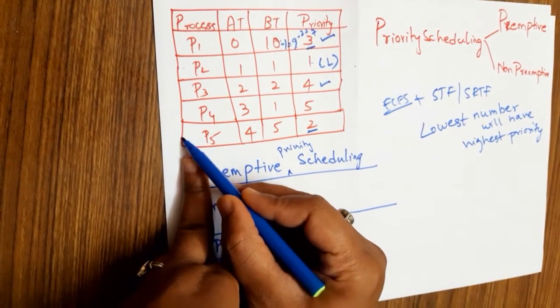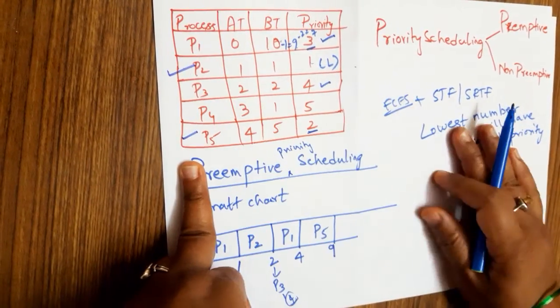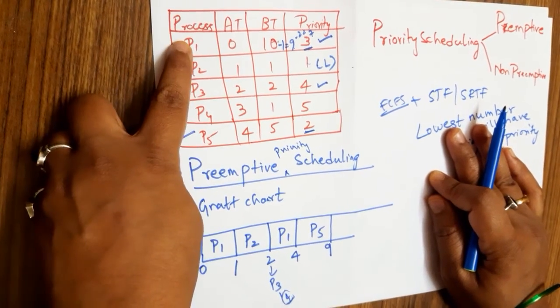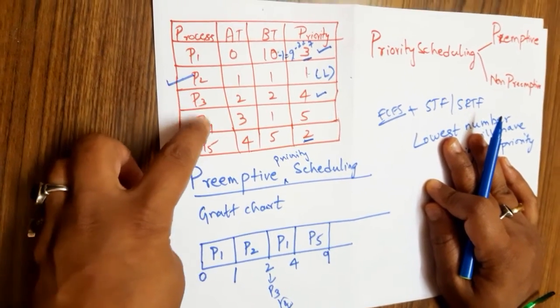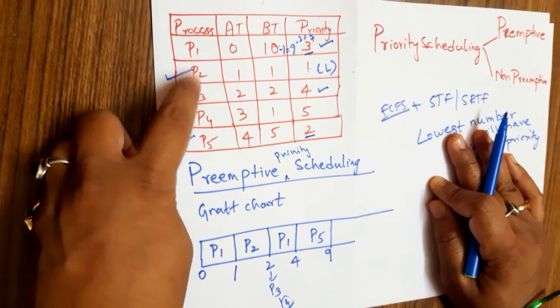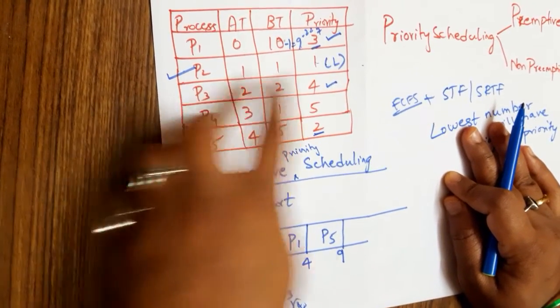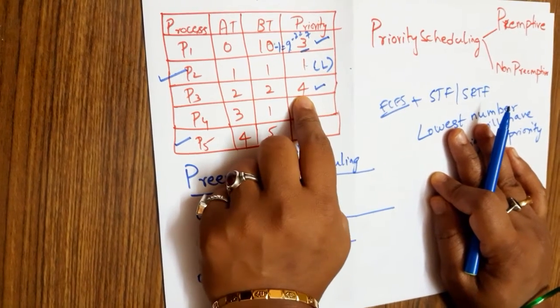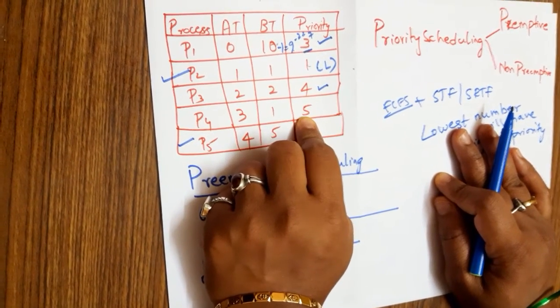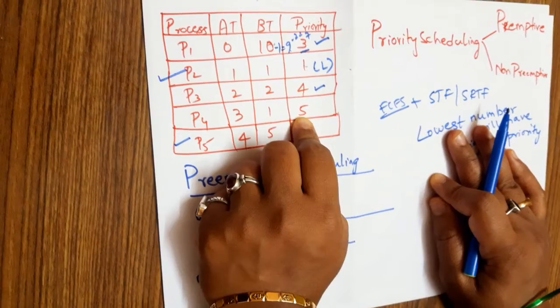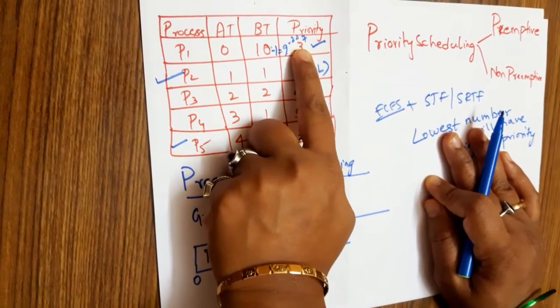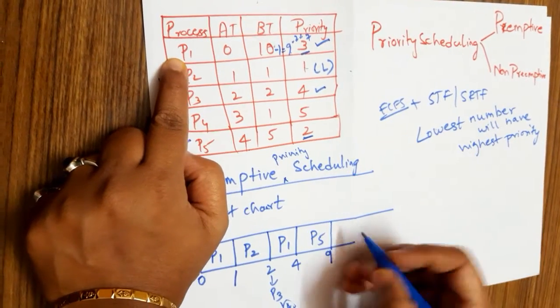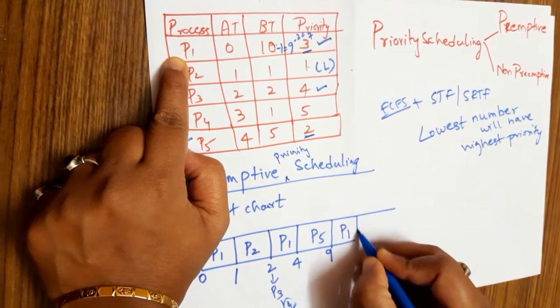Now P5 is over, P2 is over. The remaining processes to be executed are P1, P3, P4. Now I compare their priorities. P1's priority is 3, P3's priority is 4, P4's priority is 5. The least number is 3, so I ask P1 to execute completely.